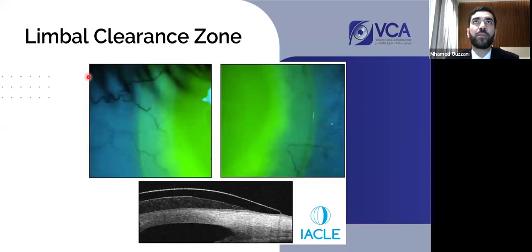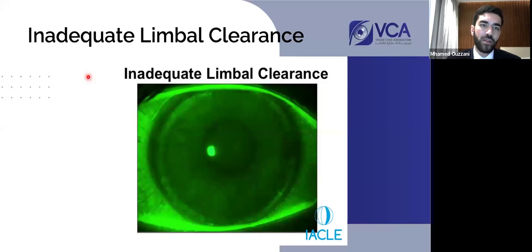Also, for the limbus, just another piece of information: it's not good to have a higher clearance on the limbus, because we will also have some complications like limbal insufficiency. This is an example of a cornea with inadequate limbal clearance after removing the lens and using fluorescein, where we can see that the lens touches the limbus and we have some staining there.